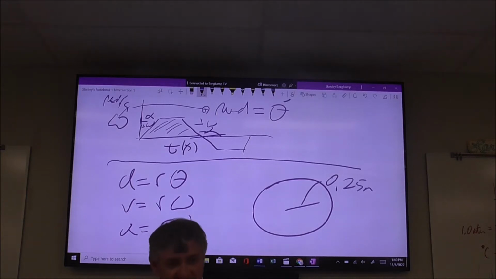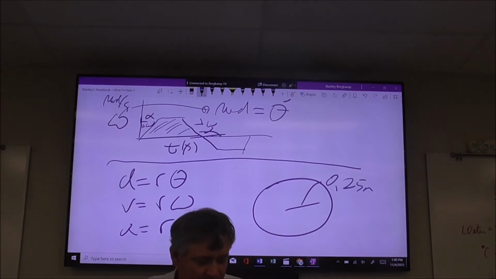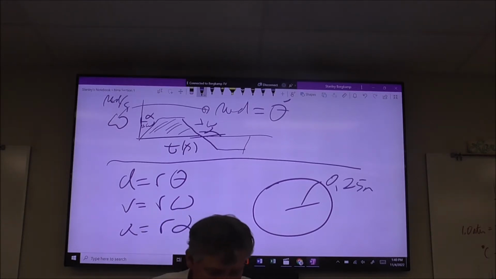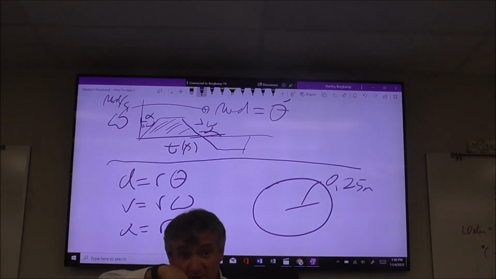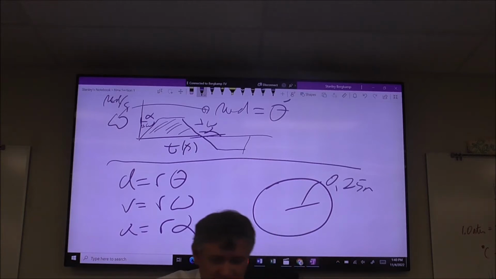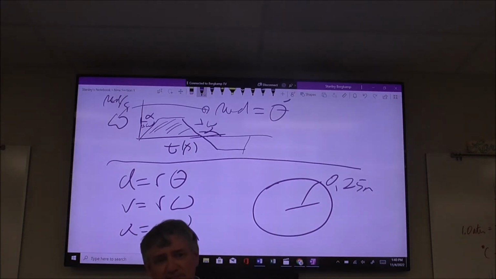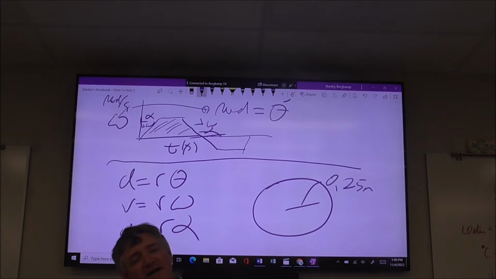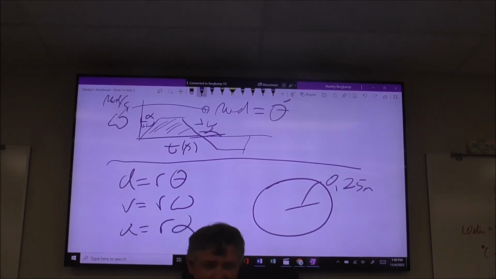Imagine that I take this piece of string and wrap it around the wheel, all the way around. Then if I stretched that out straight, it would match the length of how far the wheel rolled.